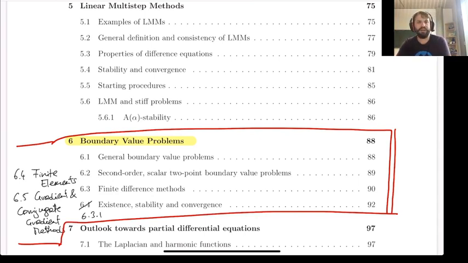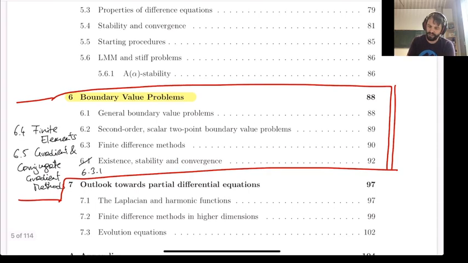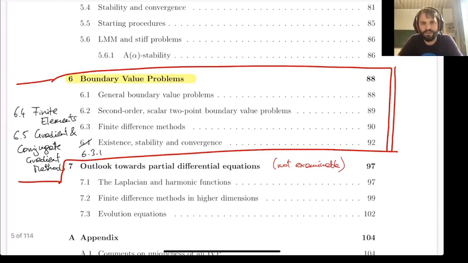So we'll have 3 more weeks on boundary value problems, and then the outlook to PDEs will be not examinable. But I will record 2 lectures, or 1.5, I think it'll fit in 1.5 lecture videos, to give you an outlook, a kind of appetizer for going on to further numerics courses in the next semesters.